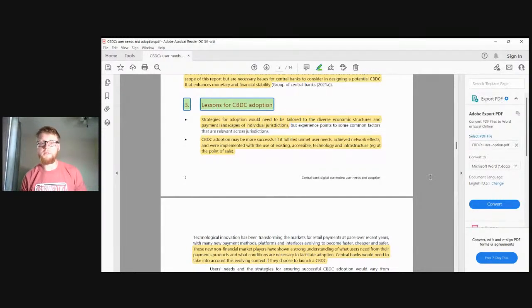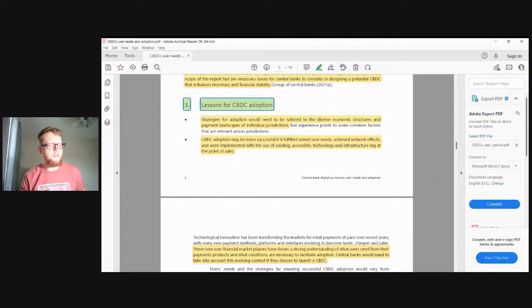This paper itself can be found on their website specifically. So strategies for adoption would have to be tailored to each individual economy because their economic structures and payment landscapes are different. And we talked about this somewhat more in depth in previous videos. How every jurisdiction is different. There's so many different factors that could change.